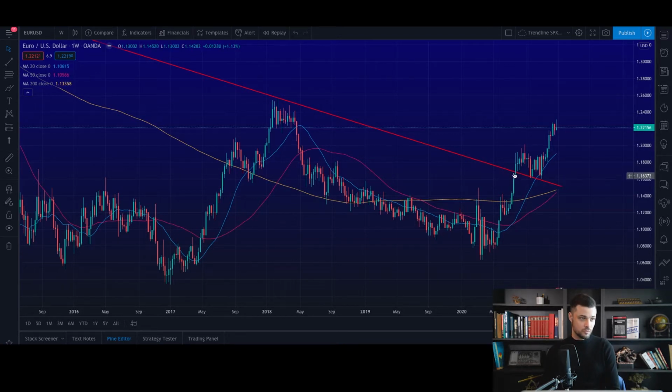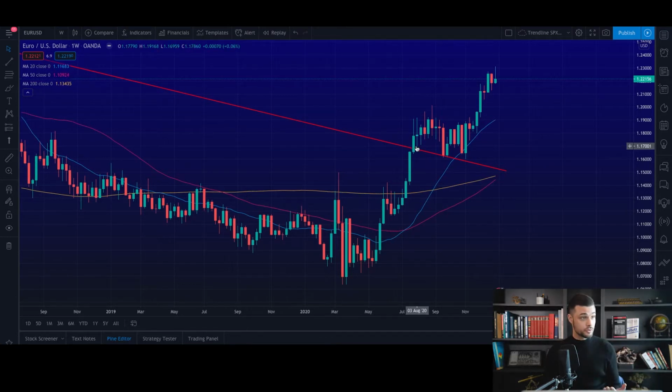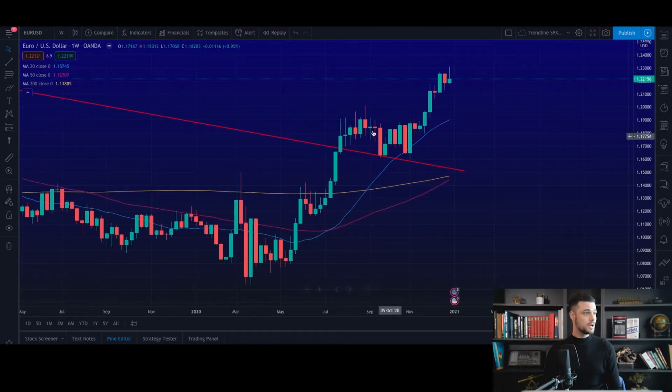So the first one here is not the breakout yet, and the second, then it is a breakout. Okay, I'm going to show you guys why you should not buy the breakout, what can happen, how bad it can go if you do this. But first, a breakout occurs once you have two candles in the time frame you are watching that are trading above it. So this is a nice one.